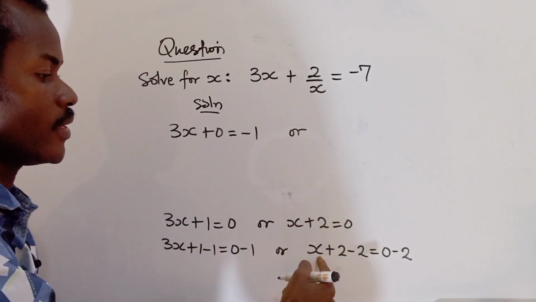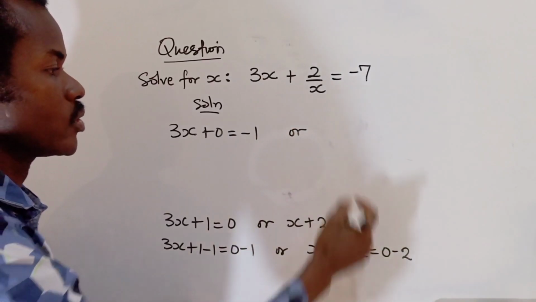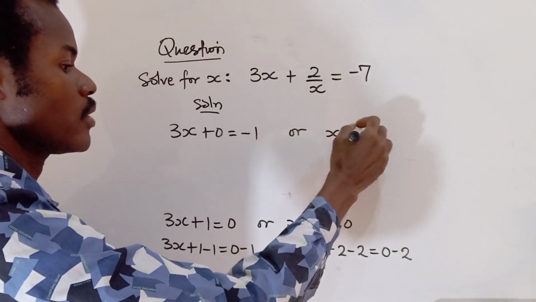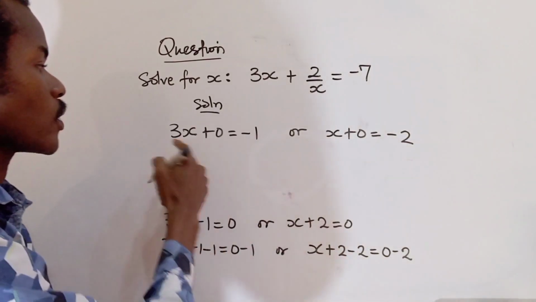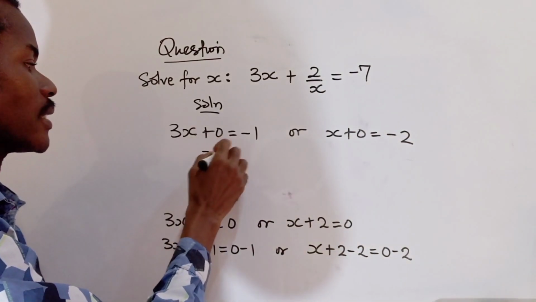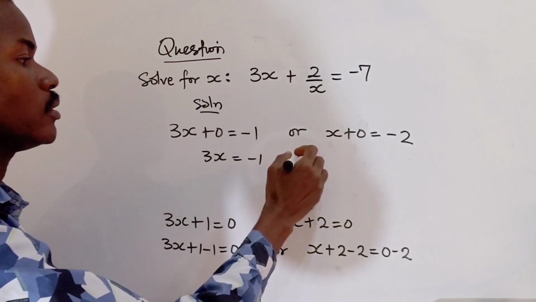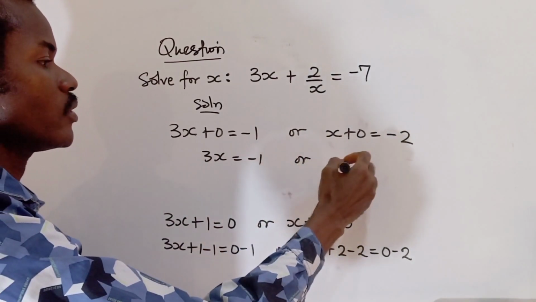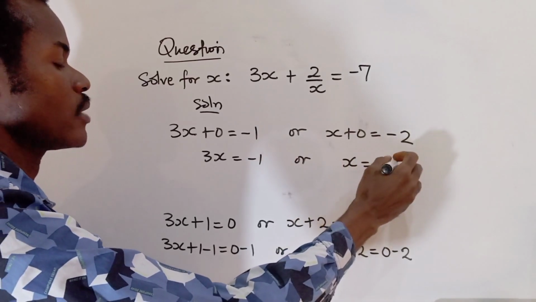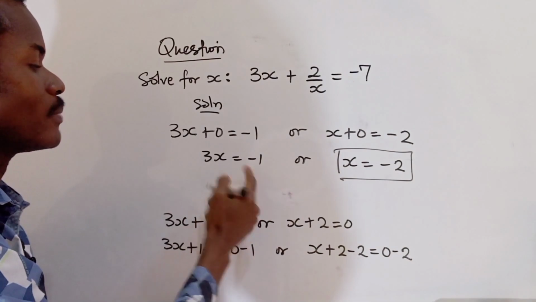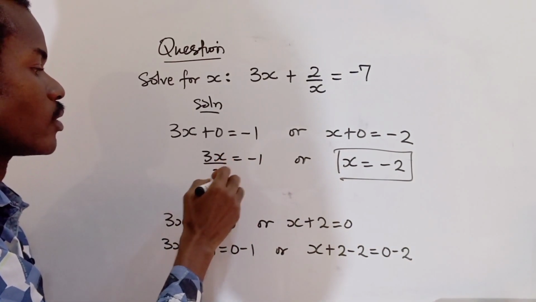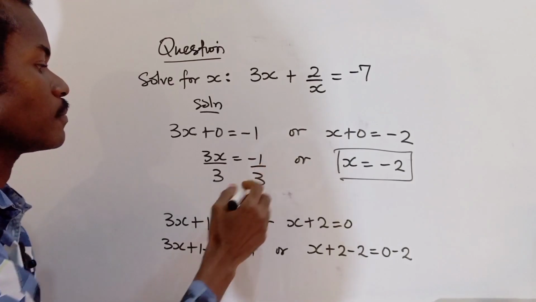Or we have our x plus 2 minus 2 is 0, so x plus 0 is equal to 0 minus 2, which is minus 2. So 3x plus 0 is 3x, which is equal to minus 1, or x plus 0 is x, which is equal to minus 2. Now we have that x is minus 2. For this part, we are going to divide both sides by 3.